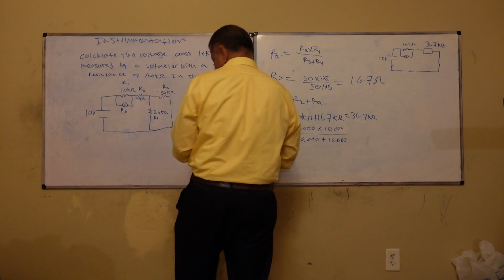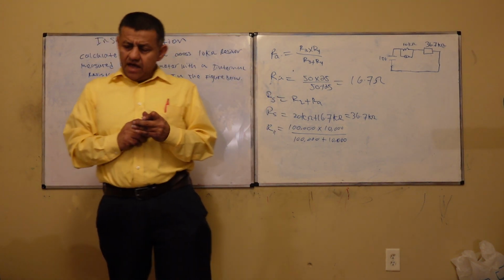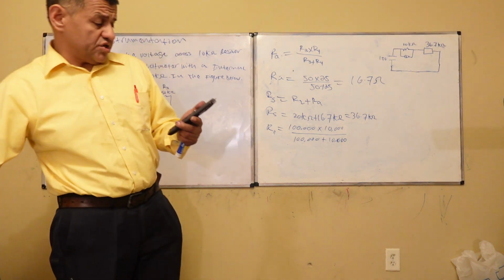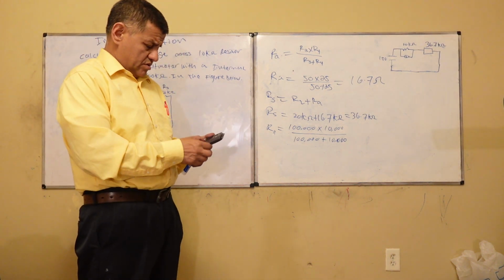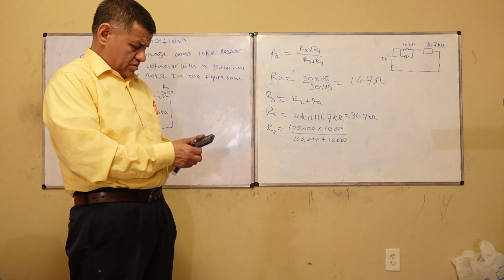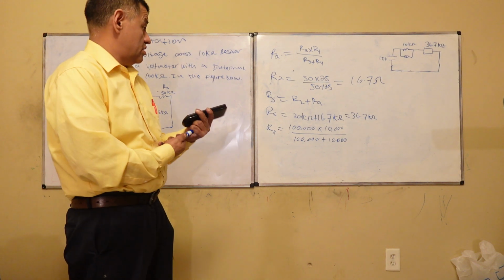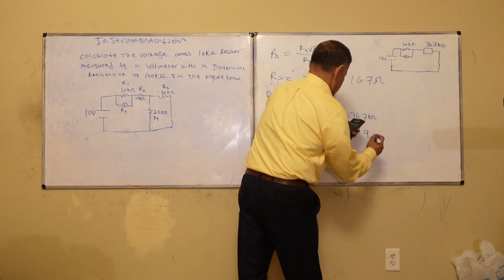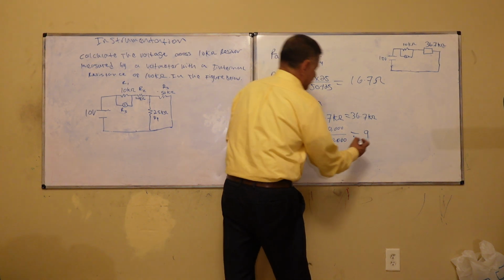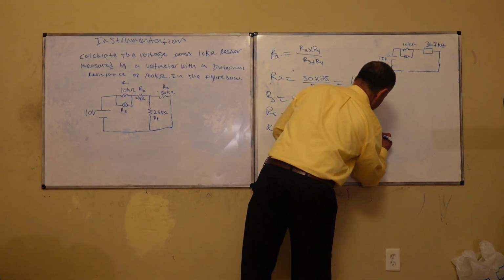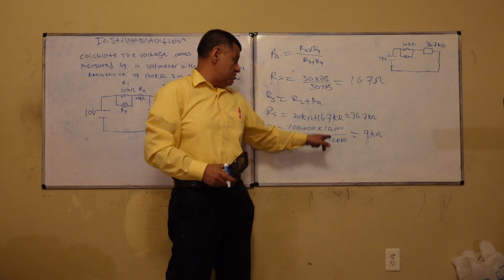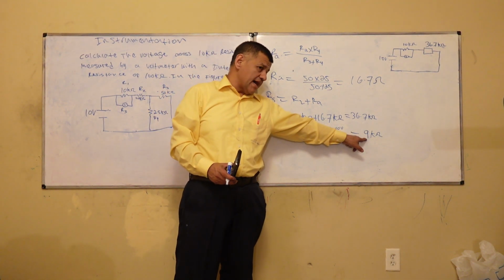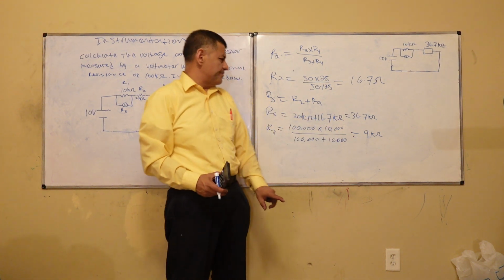Now when you do that, you will find that that is equal to 9K, right? So 9 kilo ohm. It makes sense because my highest over here is 100, my lowest is 10, and then I get a 9. So that makes sense, right?